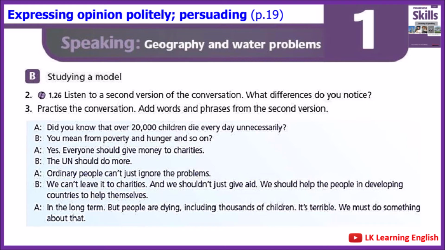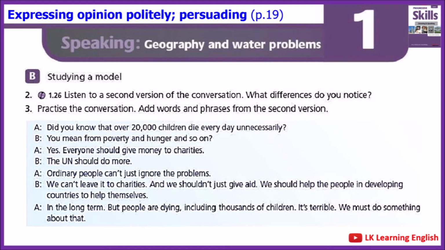Did you know that over 20,000 children die every day unnecessarily? You mean from poverty and hunger and so on? Yes. I think everyone should give money to charities. I agree. But don't you think the UN should do more? That's true. But ordinary people can't just ignore the problems. If the UN doesn't do the job, charities have to.